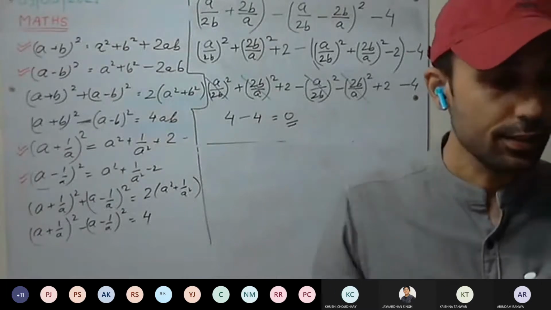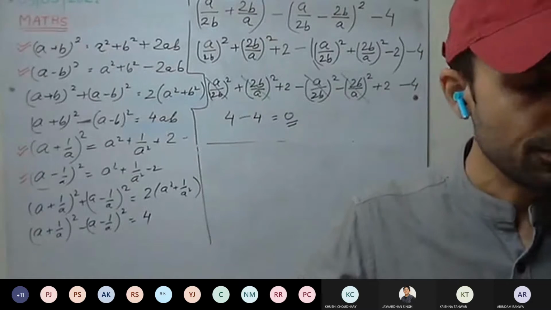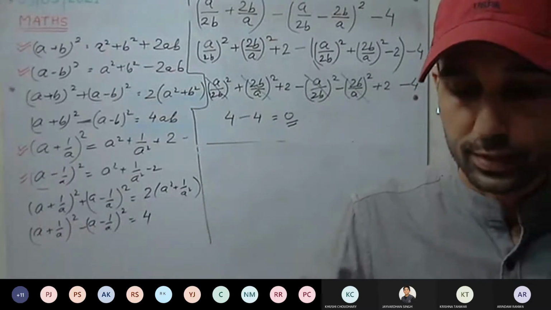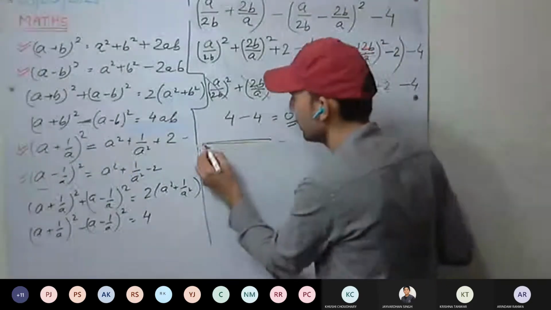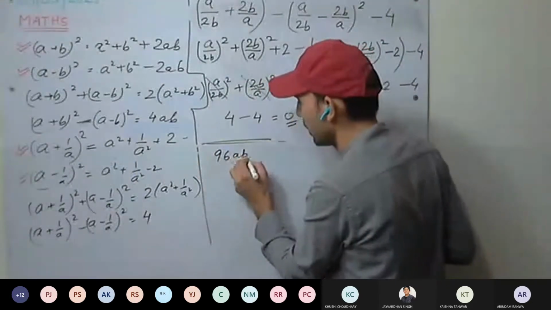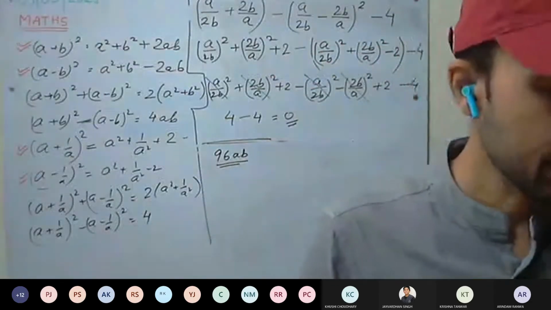So the first is clear. Second one, everyone who got the answer, its answer will be 96 AB. Have you got the answer? Anyone who hasn't got it or hasn't understood any step?